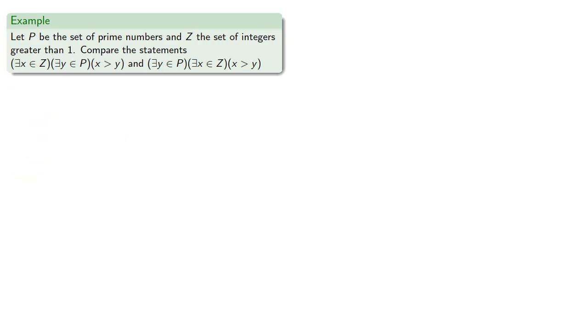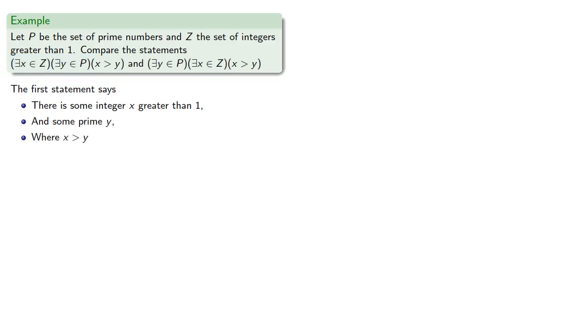Now let's take the there exists quantifier. So let p be the set of prime numbers and z the set of integers greater than 1. Let's compare two statements with the existential quantifiers switched. The first statement says there is some integer x greater than 1, and there is some prime y where x is greater than y.